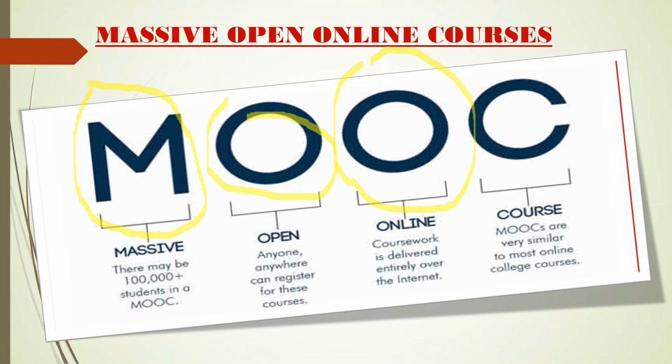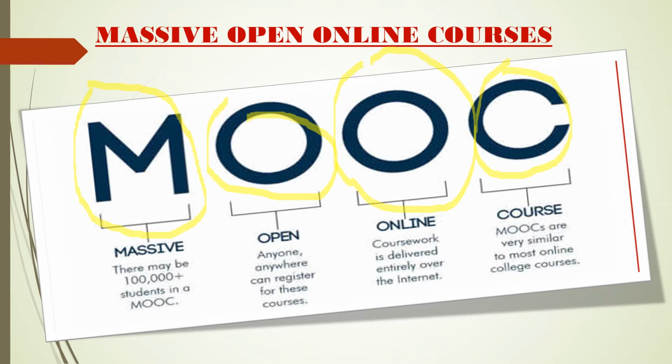So how about this one? Course. MOOCs are very similar to most online college courses. So pag sinabi natin course, diba, as you can see, we have different subjects sa university, sa different school. Dito rin kay Massive Open Online Courses, they are also offered different subjects.